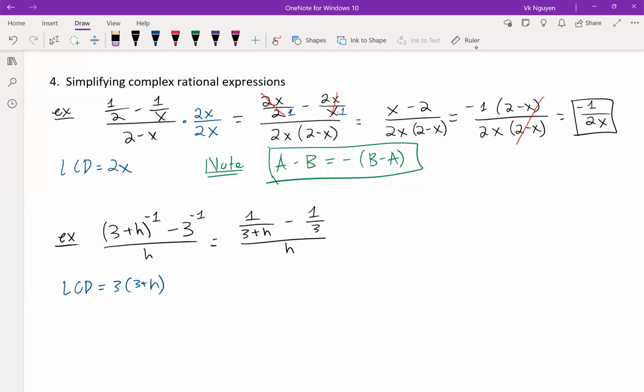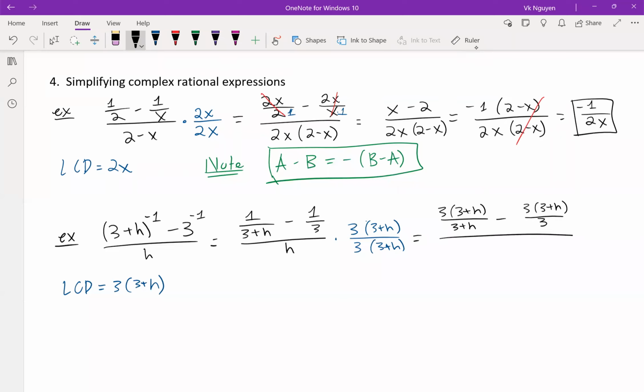We're going to multiply the expression by LCD over LCD, 3 times 3 plus h over 3 times 3 plus h. Well, distribute and we have 3 times 3 plus h over 3 plus h minus 3 times 3 plus h over 3.